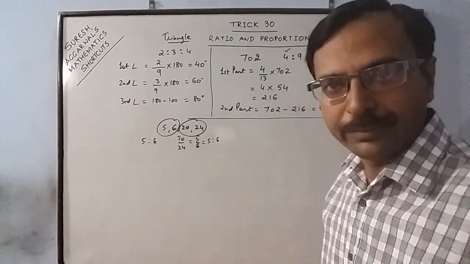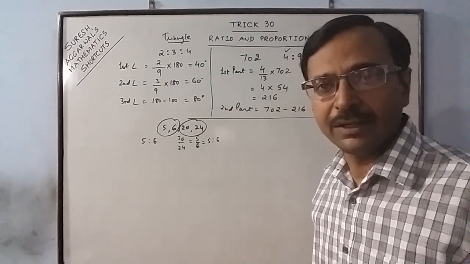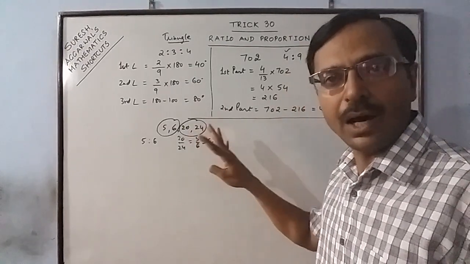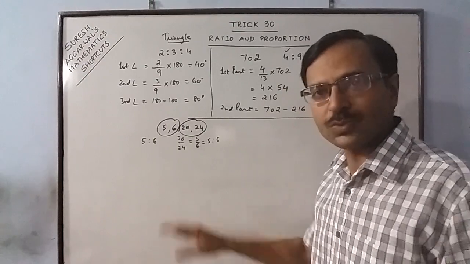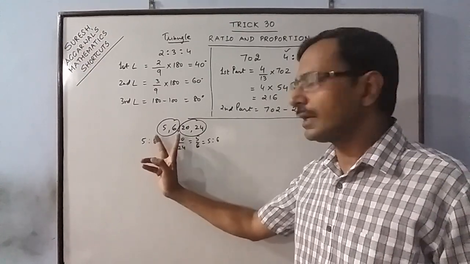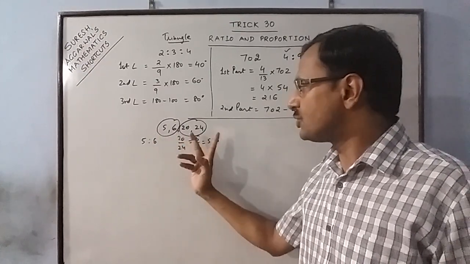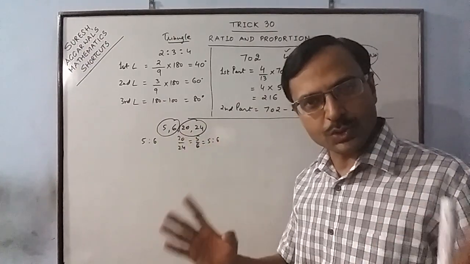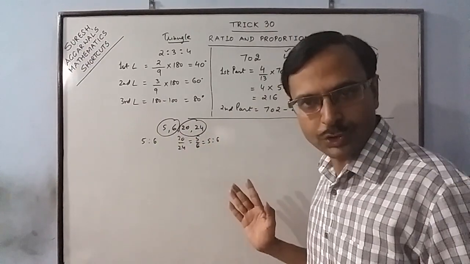Now dealing with proportion, how do you find whether four given numbers are in proportion or not? This is one method which I told you. You have to take the ratio of first two and the ratio of last two. If the two ratios are equal, then the four numbers are in proportion.